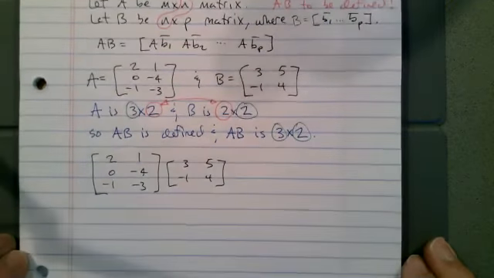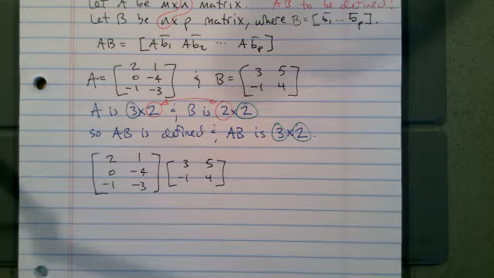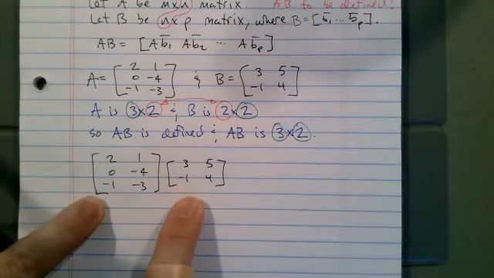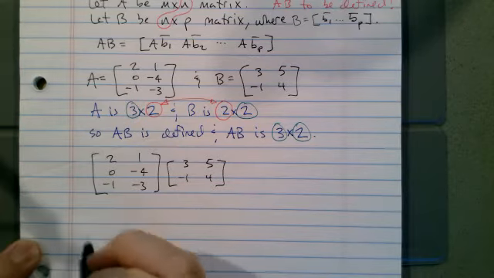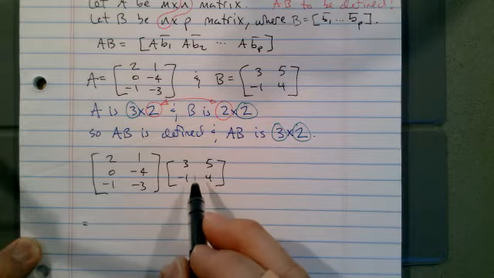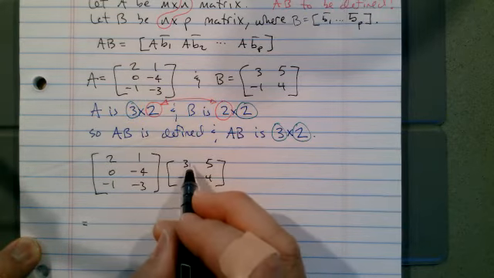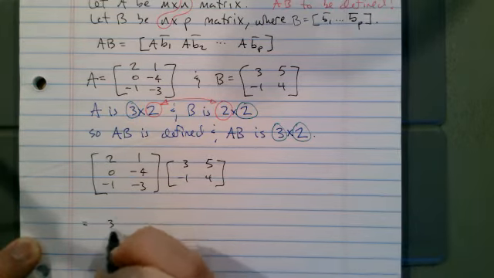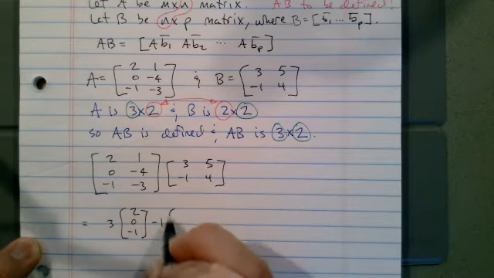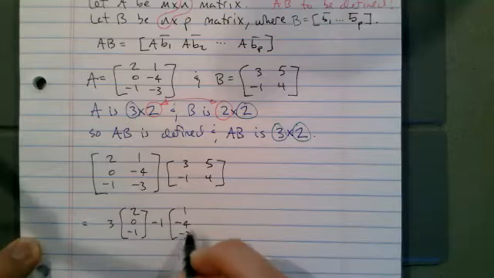So the first column of the product is going to be a linear combination of the columns of A using the entries in B as weights. So the first column of the product AB will be 3 times 2, 0, -1 minus 1 times 1, -4, -3.